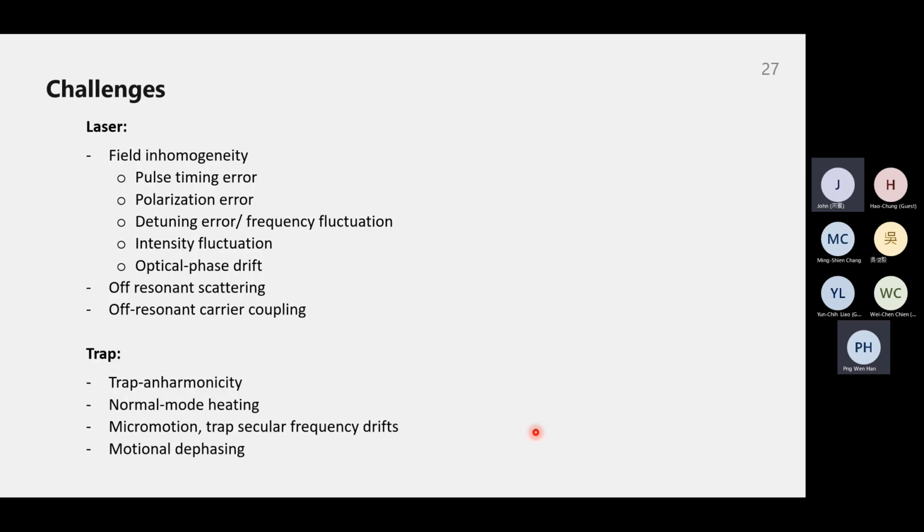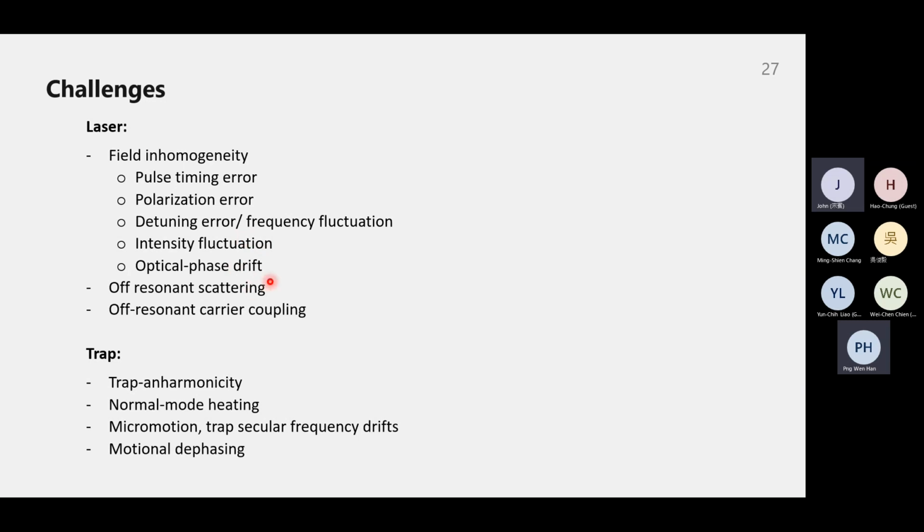Okay, and then of course, from the perspective of theorists, we always assume the experimental conditions are ideal. But in the real case, there are many problems with the lasers and the trap. Like field inhomogeneities, pulse timing errors, polarization errors, detuning errors, intensity fluctuations, and optical phase drift.